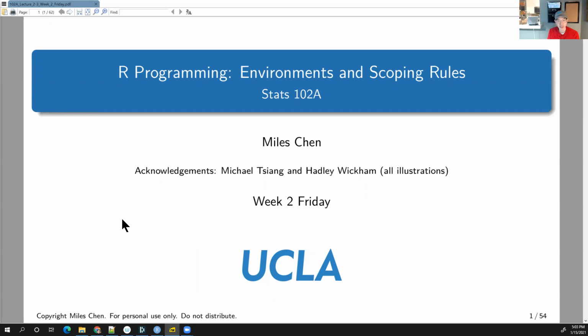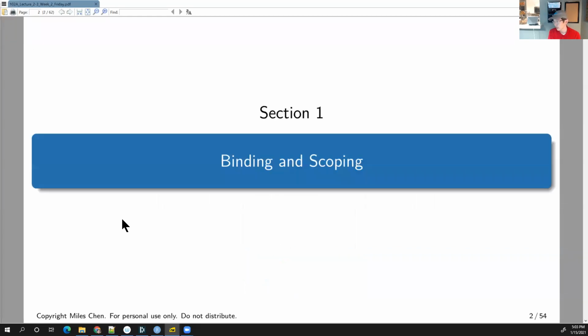If it doesn't complain much, and it gets code, it's going to do its best to just execute the code that it's been given. So there are pros and cons to it. Today's lecture covers a lot of the rules regarding what it does. That's what we'll take a look at today.